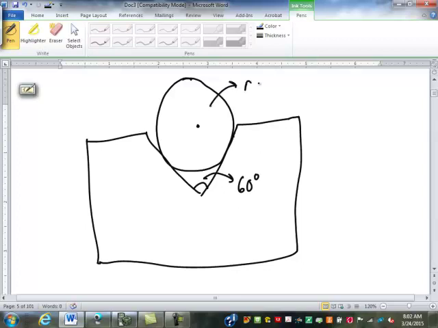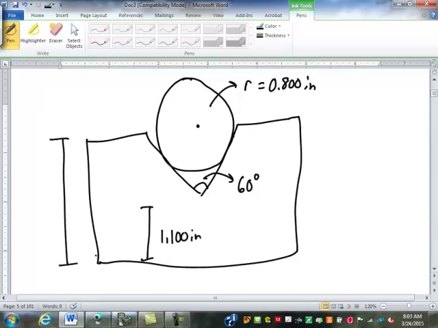This is going to have a radius of 0.8 inches. Let's say that this here is 1.1 inch. And this here we're going to call 2.4 inches.